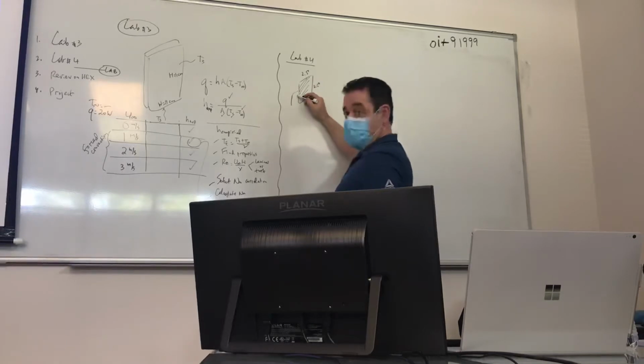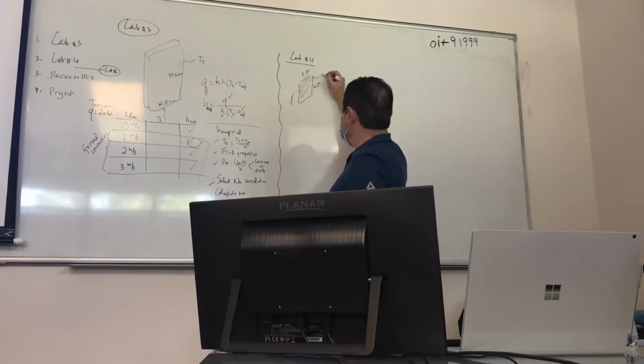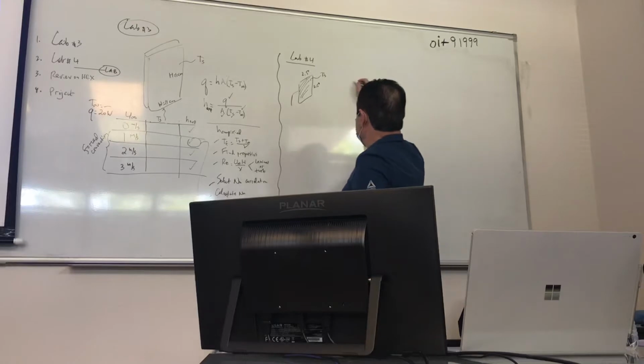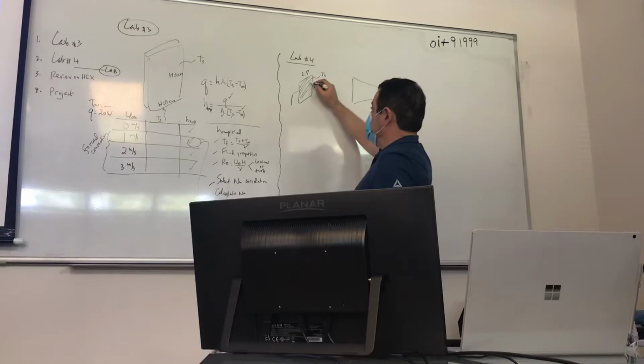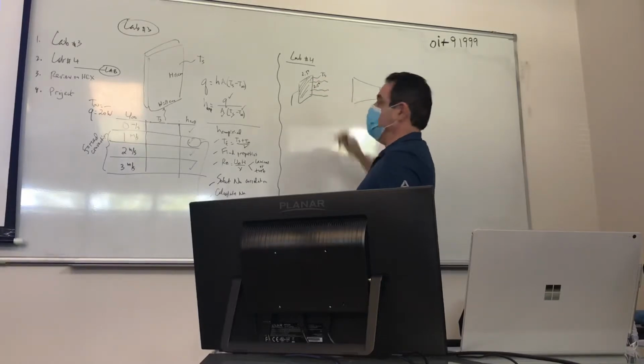Which we're gonna heat up to a certain temperature, T sub S, right? And then we're gonna have that thermopile. So what it's going to do, it's going to radiate heat, right?